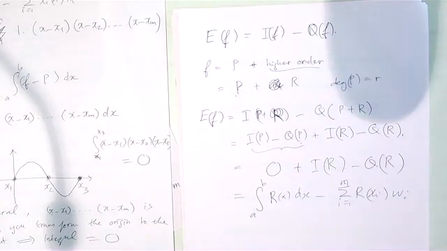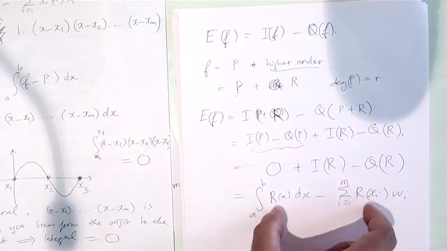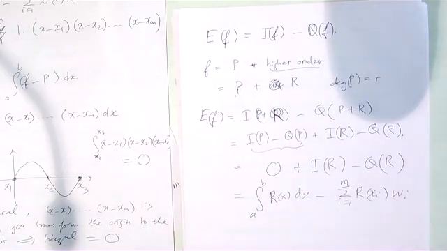And now you see it depends on how you choose the r. Then you have some special form of this expression, and that is the Peano kernel. So that is the idea of the proof.